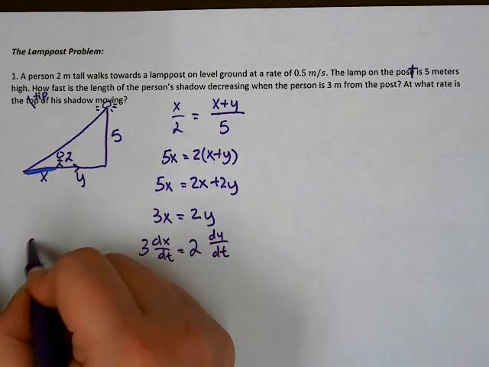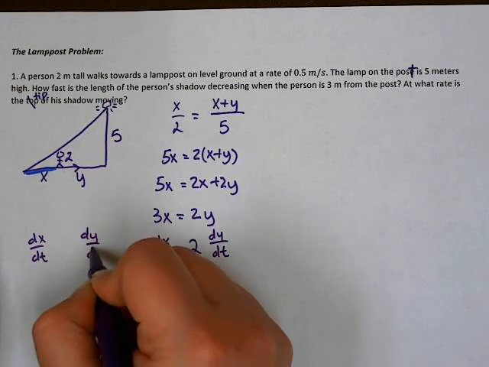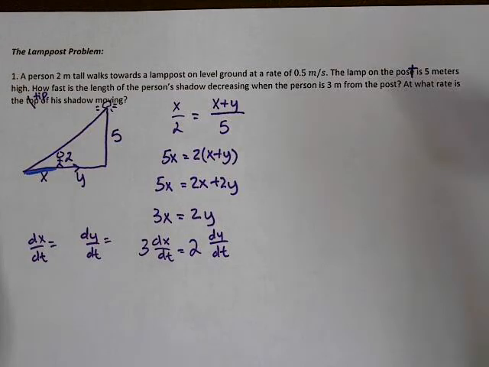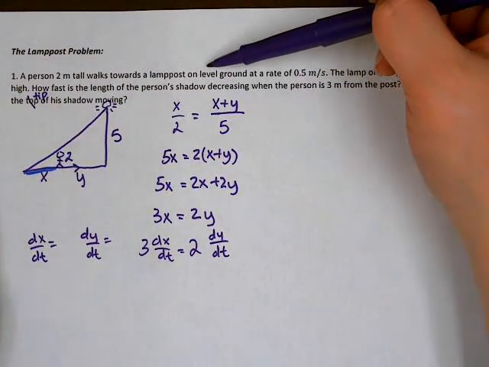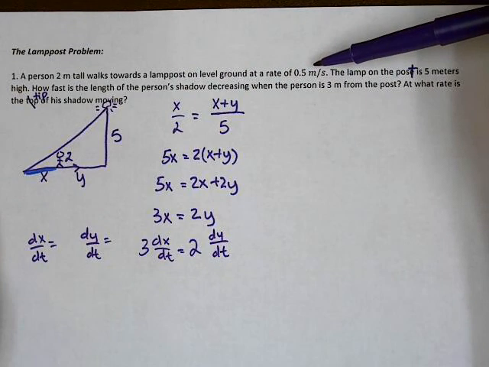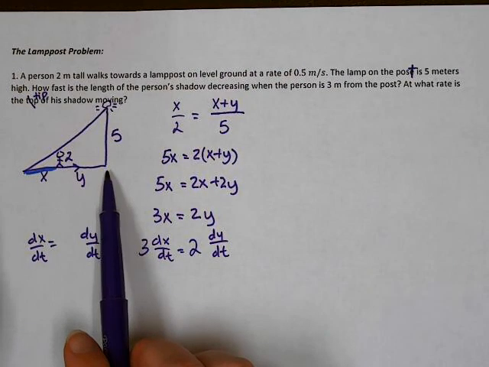So for this one, I need to know dx/dt and dy/dt in order to go along with this. We were told that he's walking towards the lamppost on level ground at a rate of 5 meters per second, which means that the distance between the guy and the lamppost is decreasing at 5 meters per second.